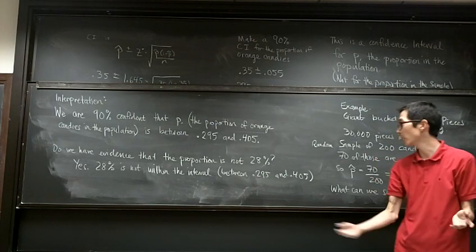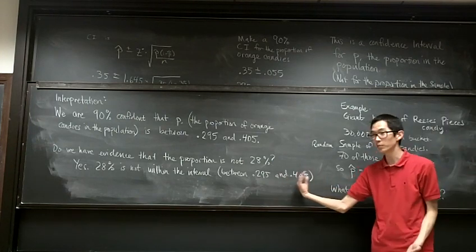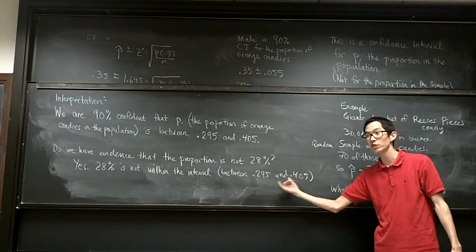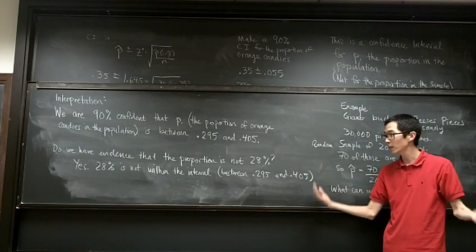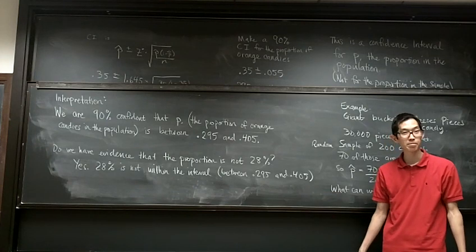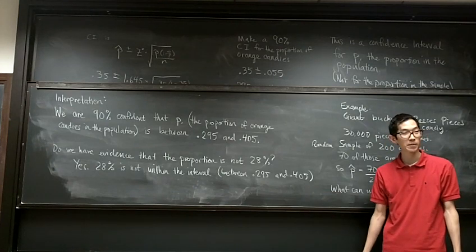We would not be surprised if the proportion orange was in between these two numbers. But if it's outside of that range, we would be surprised. Okay? Is that okay? Yeah.